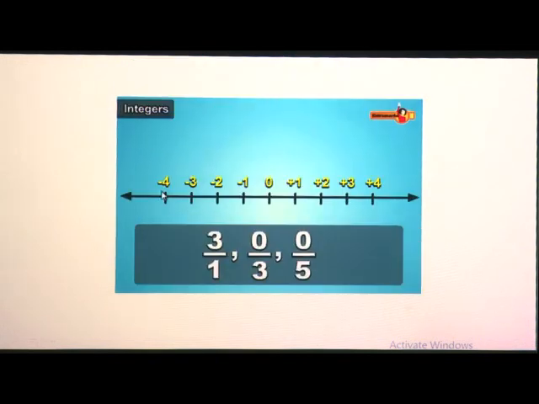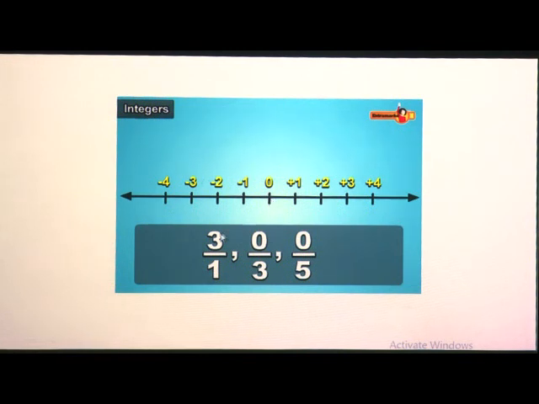Now we will see the integers. You know integers? Yes, on a number line, there are 0, plus 1, plus 2, plus 3, plus 4 and so on on the right hand side of the number line, and minus 1, minus 2, minus 3, minus 4 and so on on the left hand side. Here we have 0 at the center, which is neither a positive integer nor a negative integer.